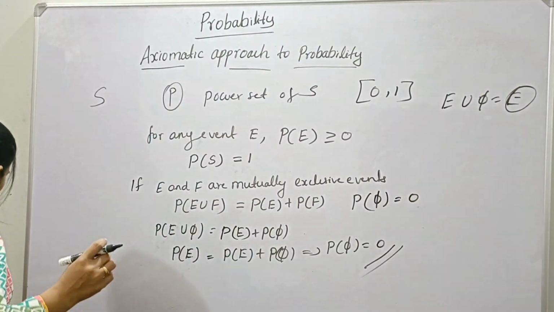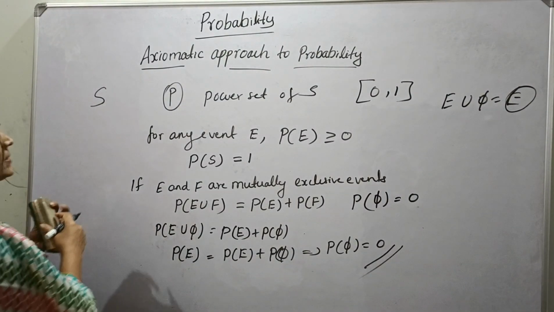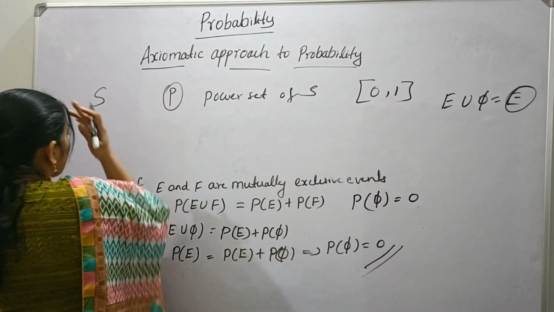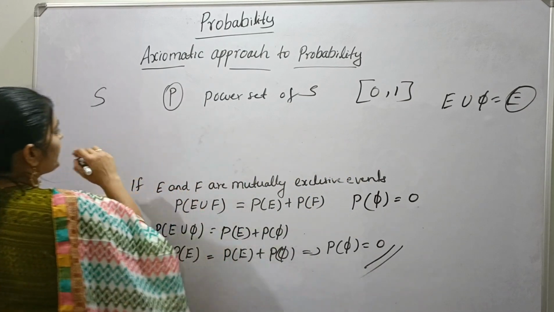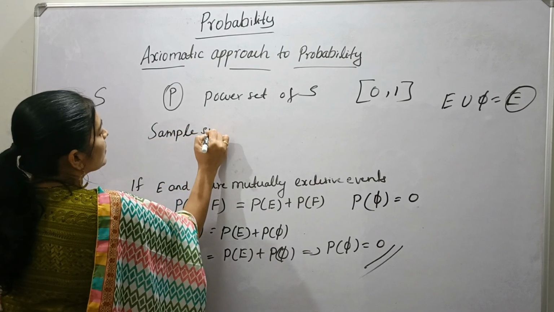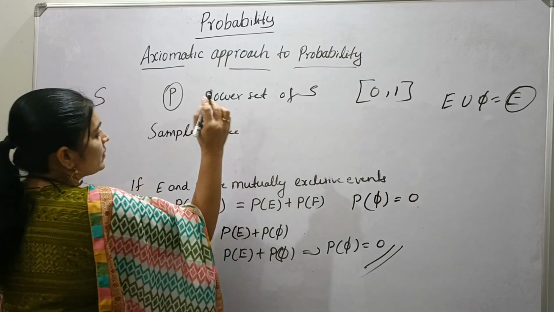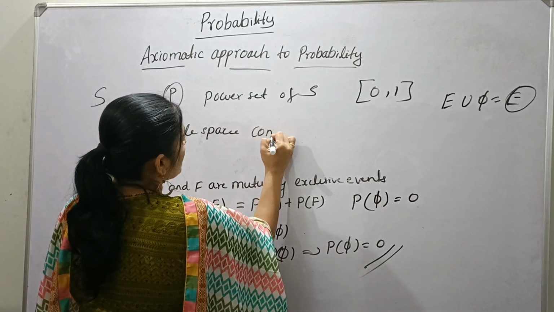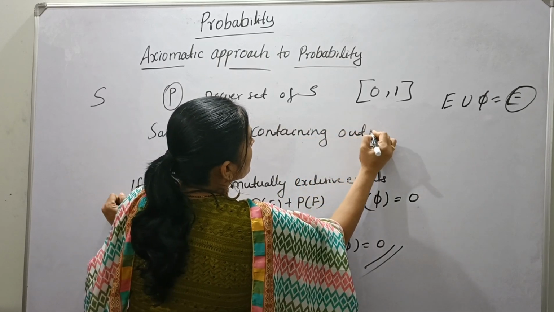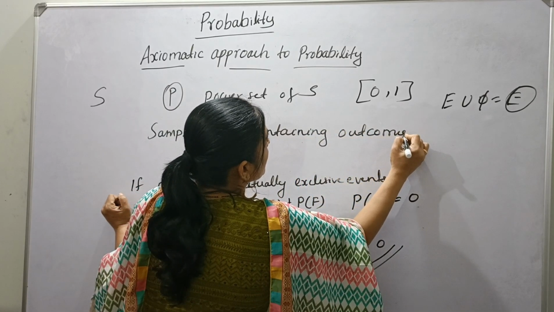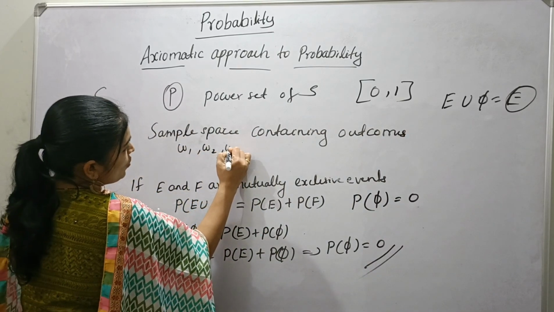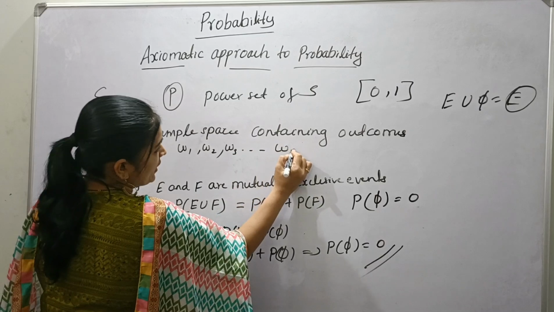So the next axiom: the sample space contains outcomes omega 1, omega 2, omega 3, etc., omega n.